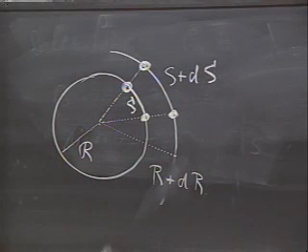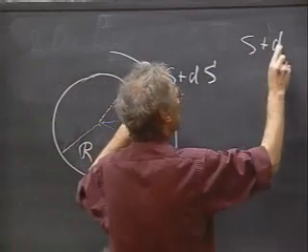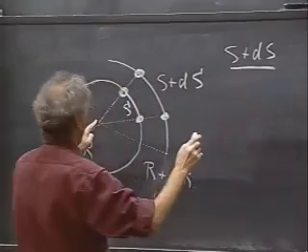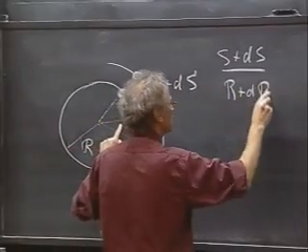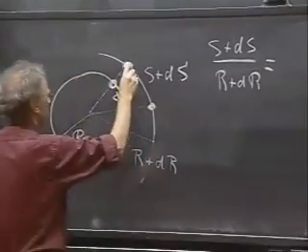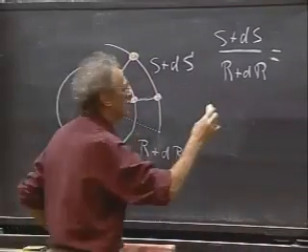So in this universe, it is clear that s plus ds divided by r plus dr, so that is this triangle, must be the same as s divided by r.